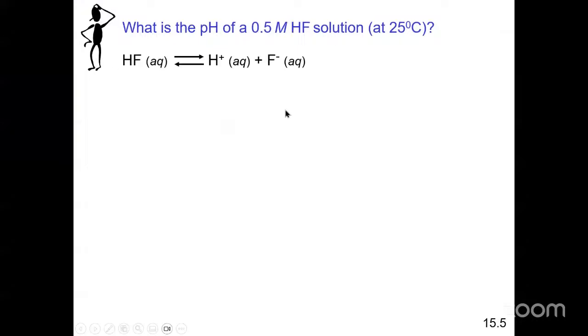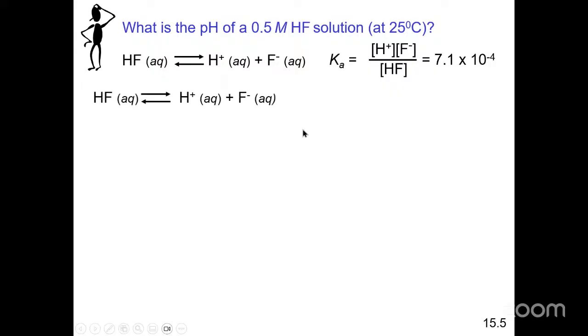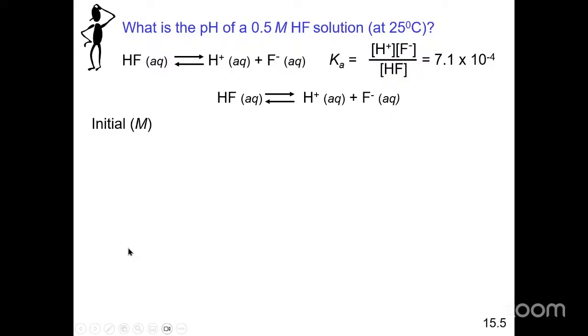So this is the dissociation equation, and this is the Ka expression. What we're going to do is set up a nice table, similar to the ones that we dealt with before. Initially, the concentration of HF is going to be 0.5.